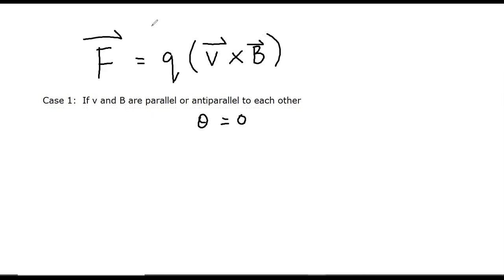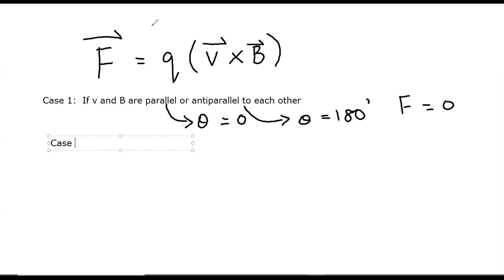Theta either becomes 0 if it is parallel, and theta becomes equal to 180 degrees if it is anti-parallel. So in both the cases, the trigonometric ratio sine becomes equal to 0, and hence F becomes equal to 0. So when a charge moves parallel or anti-parallel to the applied external magnetic field, it is not going to experience any force. Rather, it is going to go undeviated, undeflected from its path without being affected by the external magnetic field.